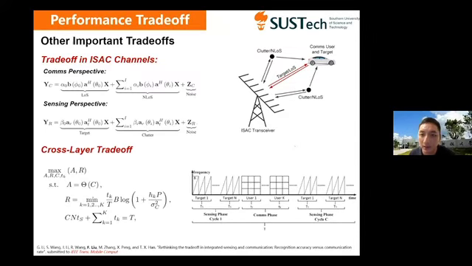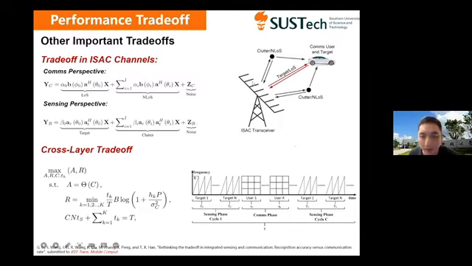For example, let's consider this scenario where we have a vehicle that is both a communication user and a target. From the communication perspective, there are multiple propagation paths from the transceiver to the user, okay? So from the communication perspective, we should exploit all these paths, no matter whether line of sight or non-line of sight, to transmit information.